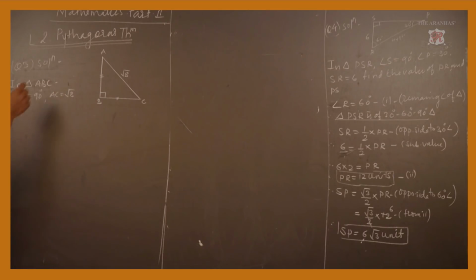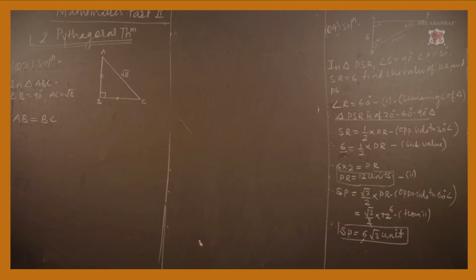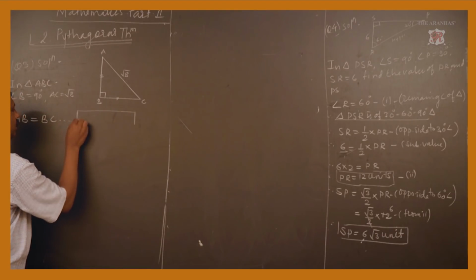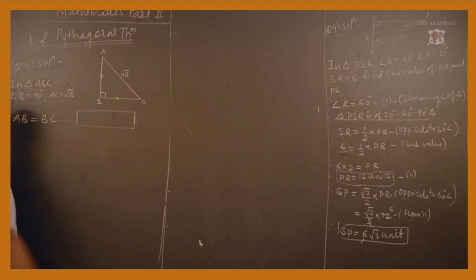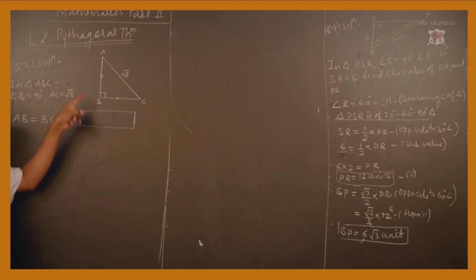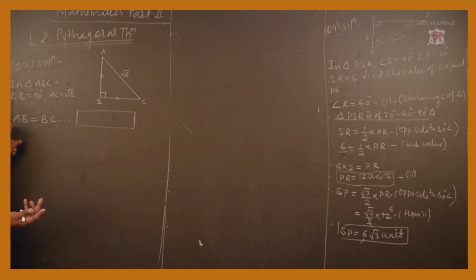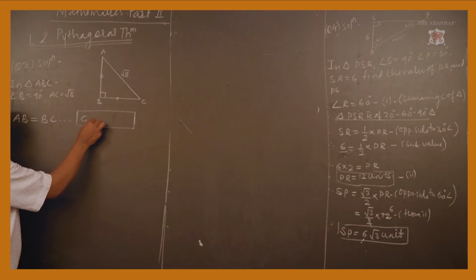In the given, they said AB is equal to BC, and here dots and a bracket are given, which you have to fill. Let us observe the diagram, triangle ABC. In triangle ABC, angle B is 90, AC is root 8. So, simply observe what AB and BC are. These are the given values, we have to write this as given.